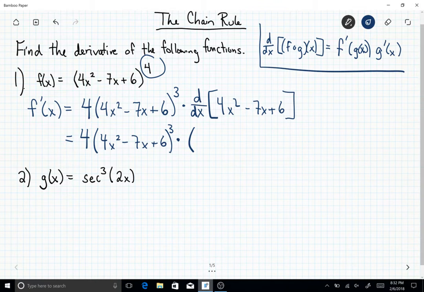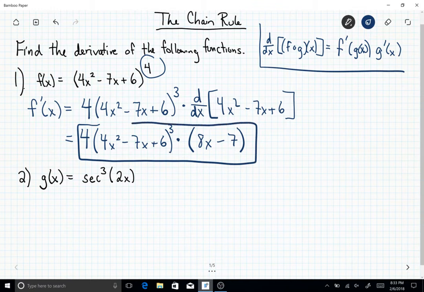So 4 times 2 makes 8, and then we have x. And the antiderivative, sorry, I just did a calculus video a little while ago, Calc 2. So minus 7x, the derivative, sorry about that, the derivative of negative 7x is just negative 7. And the derivative of plus 6 is just 0, so we can close that off. Okay, so we have our derivative. This is our final answer, and that is the chain rule being applied.